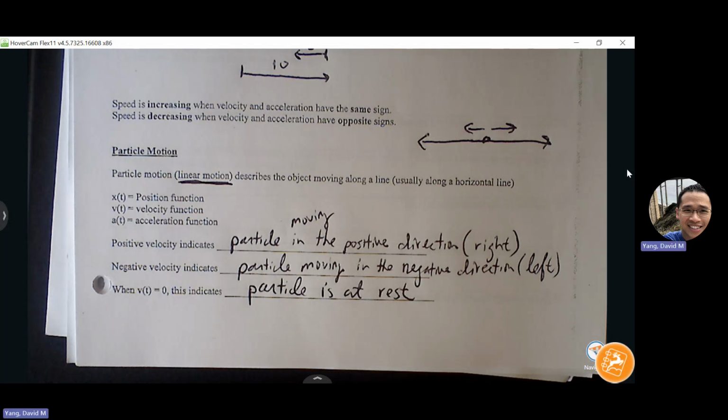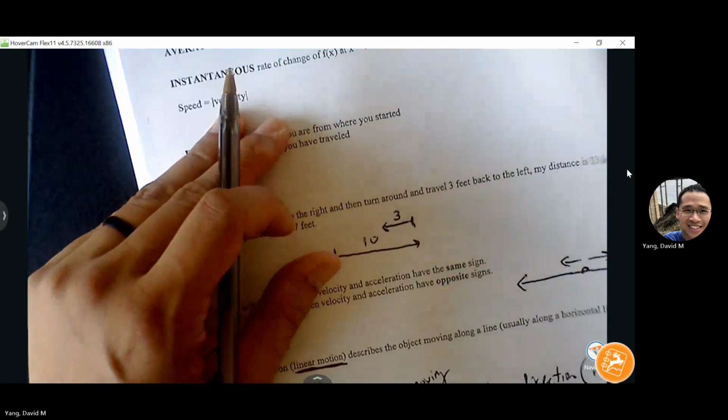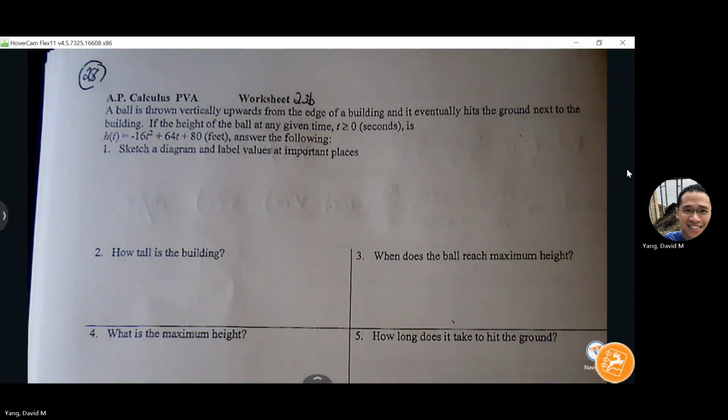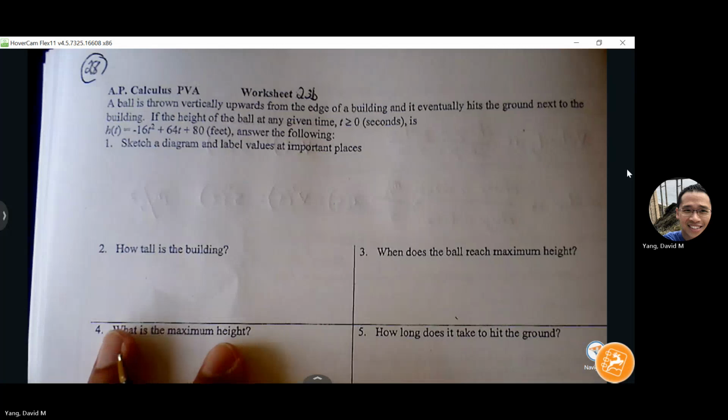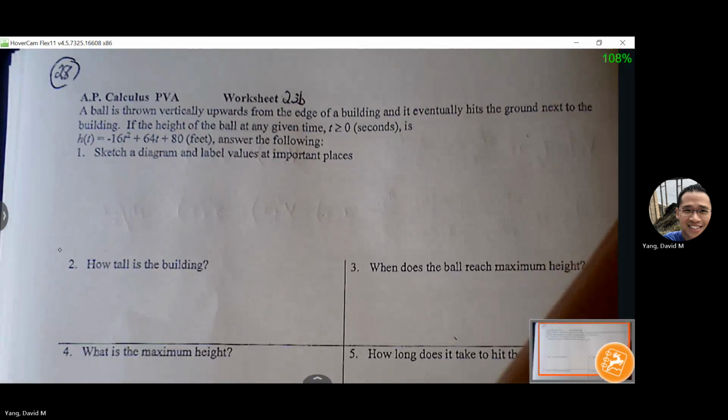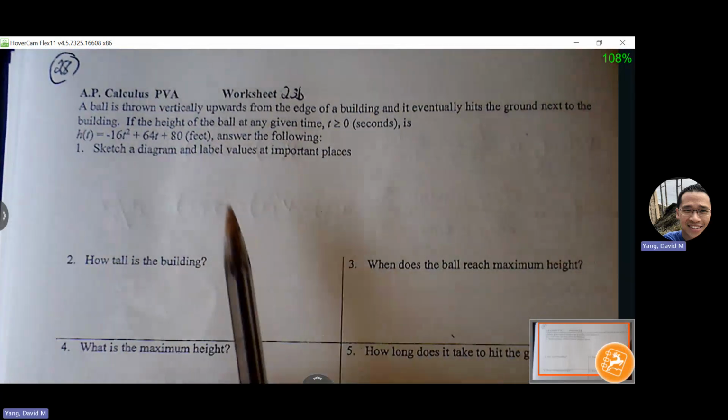Okay, next page. All right, let me read this problem here.